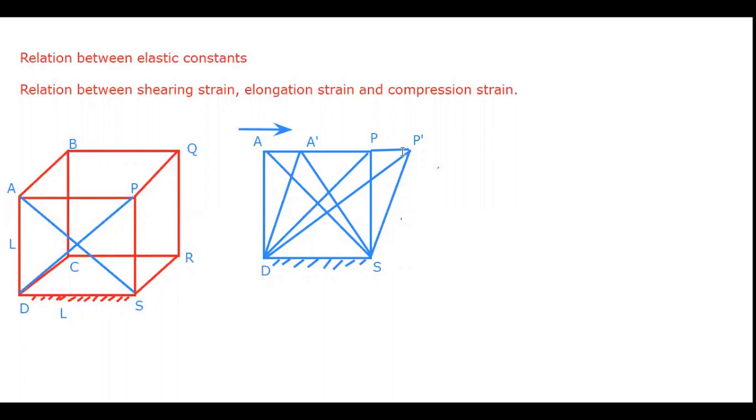So what is the elongation strain and what is the compression strain induced in the material? Let theta be the angle of shear. It is small in magnitude.